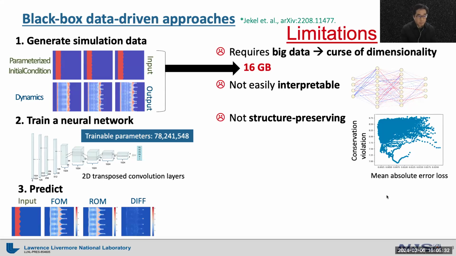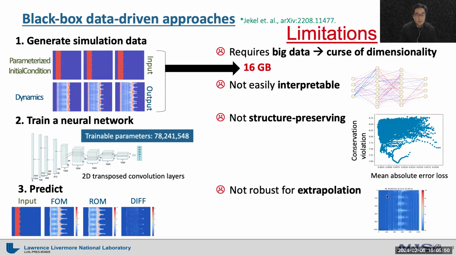For this Richtmyer-Meshkov instability problem, the conservation of mass and momentum is actually violated, although the results look okay by eye. This is a real concern to physicists. And lastly, but not the least important, because they only rely on the data, they are not robust for extrapolation.